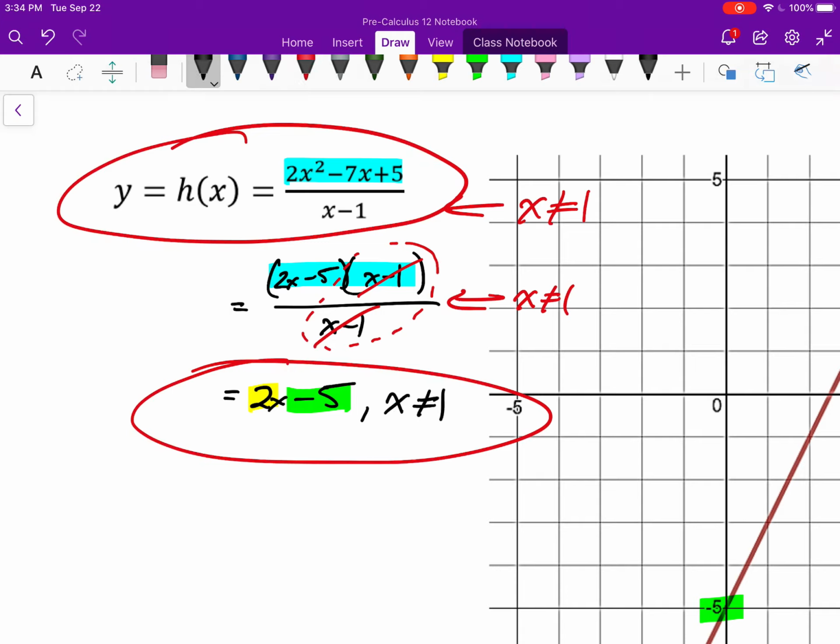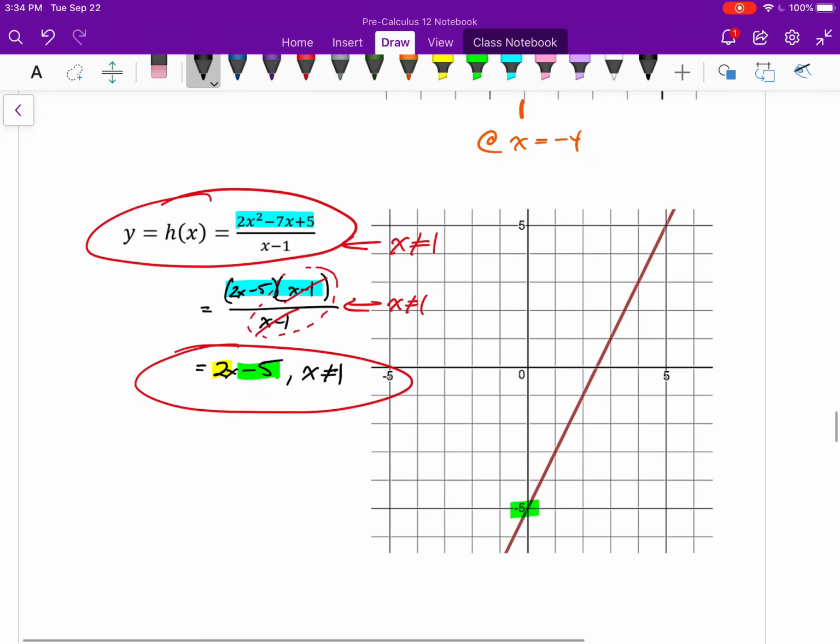x cannot equal 1. So on the graph, that means h of x looks just like the line of 2x minus 5, except x cannot equal 1. So that means when x is 1, not 1.01, that's okay, not 0.99999, but when x equals 1, my graph does not exist. My function does not exist just at 1. So how do I show that?